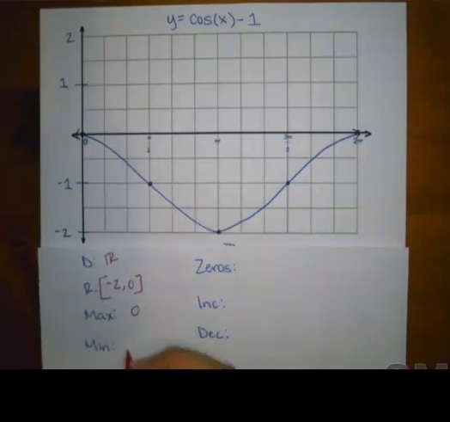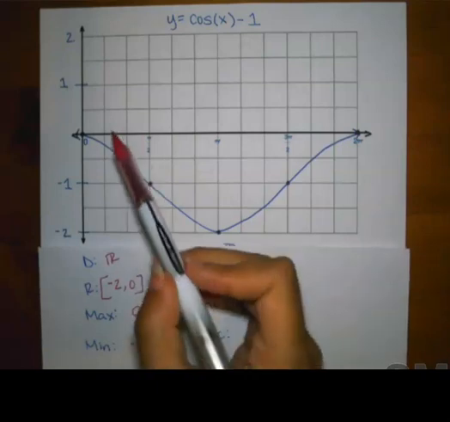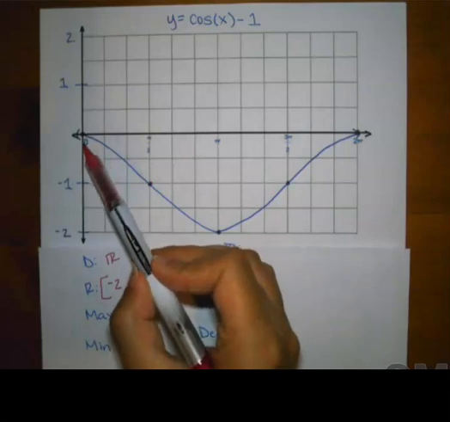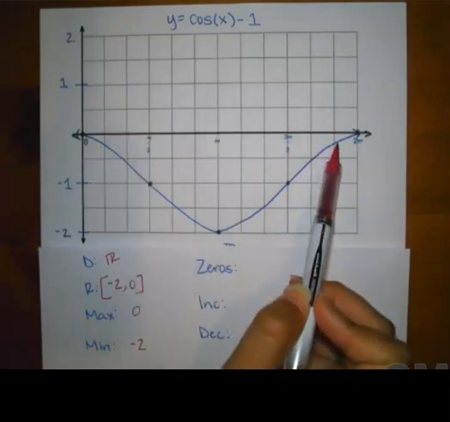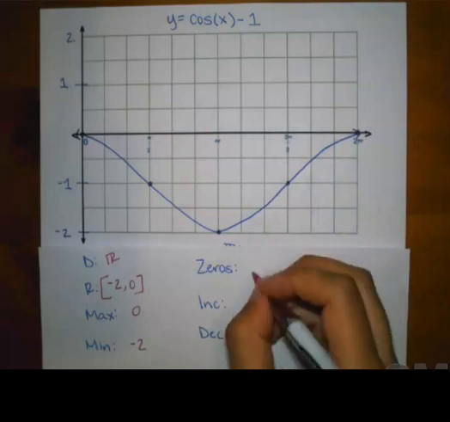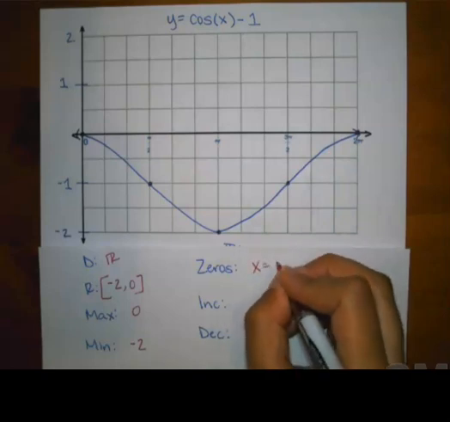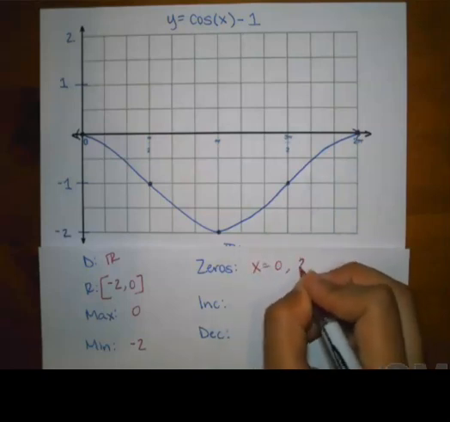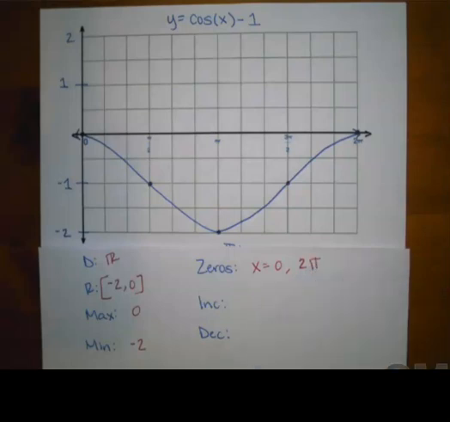And the lowest point on our graph is -2. Our zeros are when it hits the x-axis, and on this graph we see it hits the x-axis right here at 0, and it hits it again all the way over here at 2 pi, excuse me.